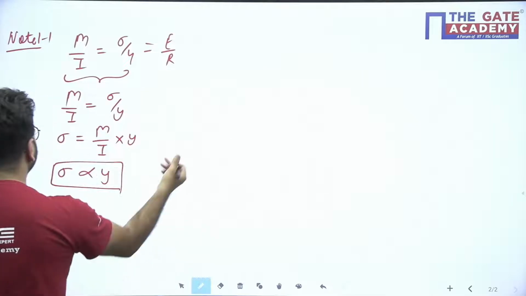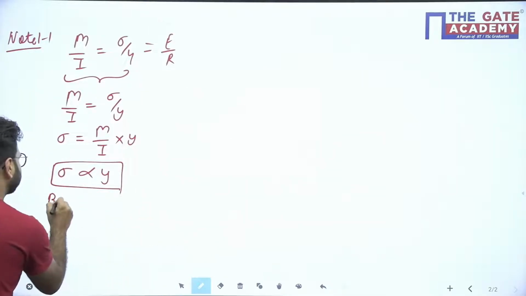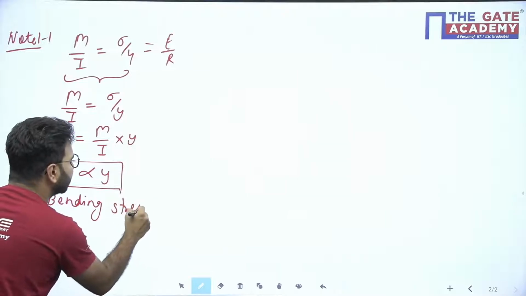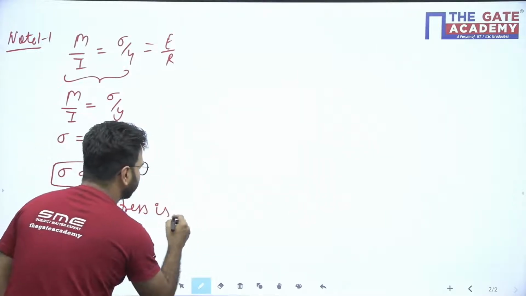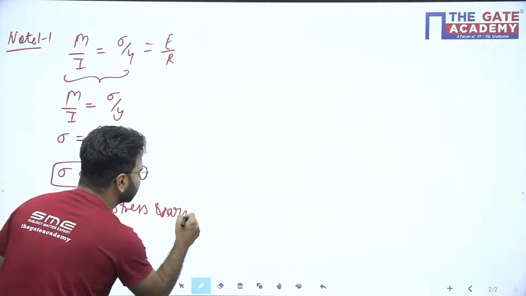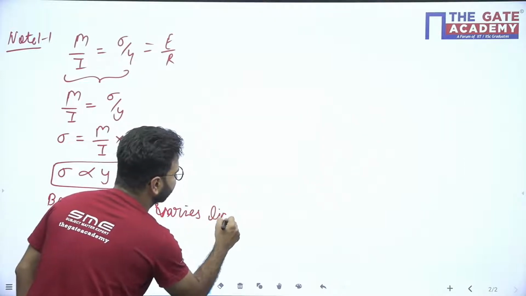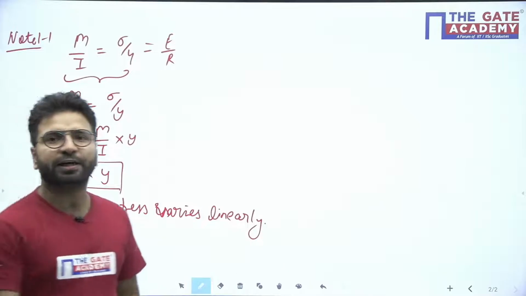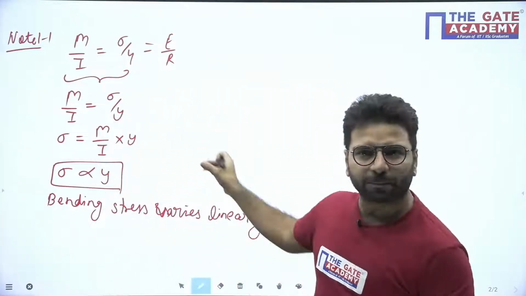Sigma is directly proportional to y, which means bending stress varies linearly. If two quantities are proportional to each other, their relationship is linear.